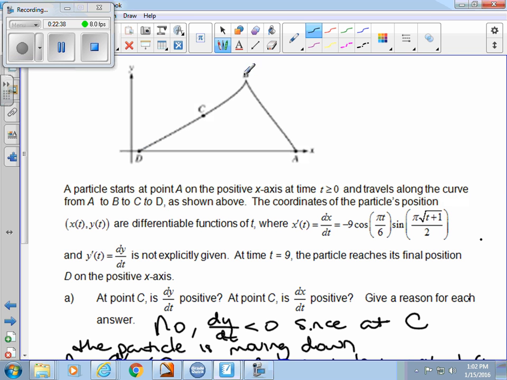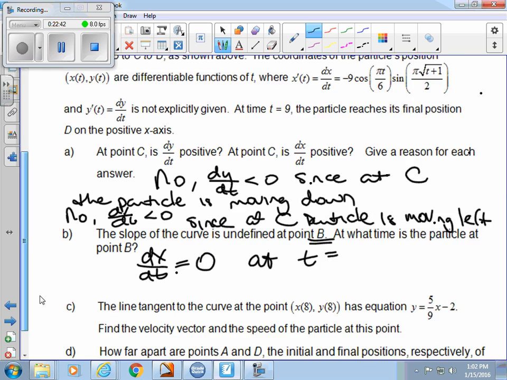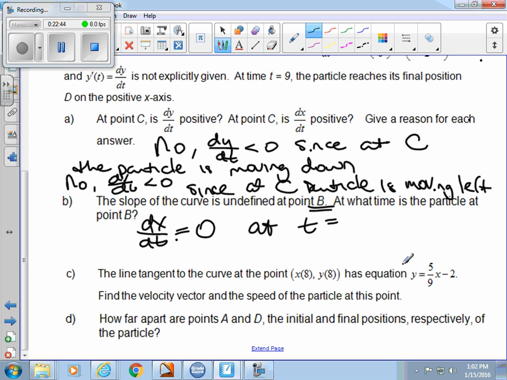So I'm obviously looking for the one before that happened. So that would have to be at time 3. At time t equals 3, therefore dy dx is undefined at t equals 3.